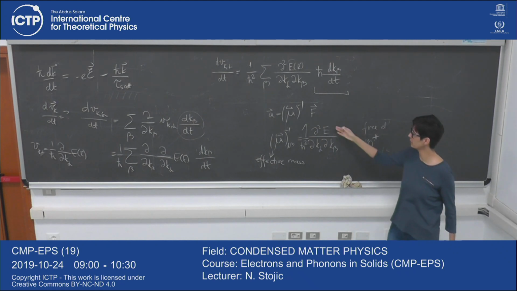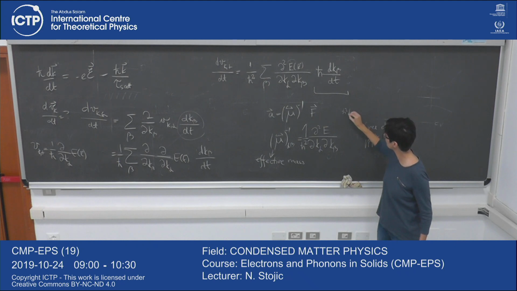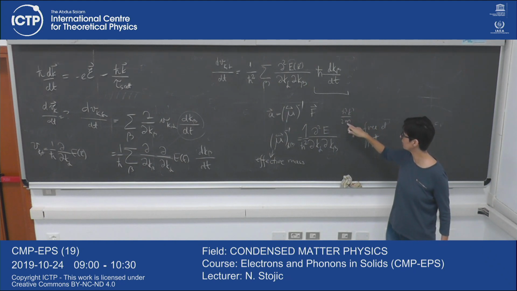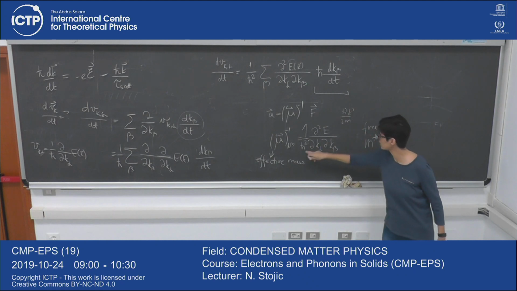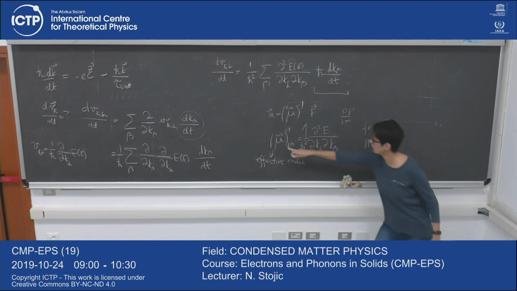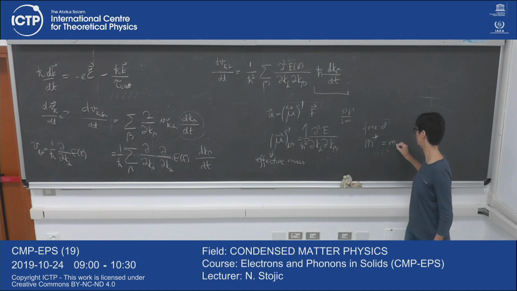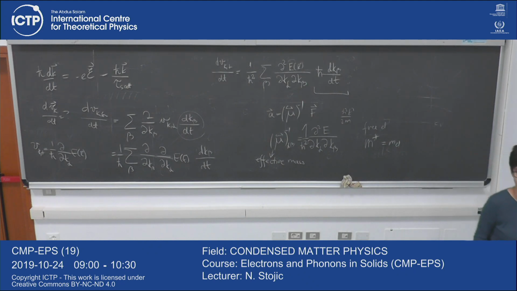You can derive it: the energy is h squared k squared over 2m. You take the second derivative, you get 2 h squared over 2m. The h squared cancels. You get the inverse mass equal to 1 over m, which means it's equal to the electron mass. That's the simplest case.